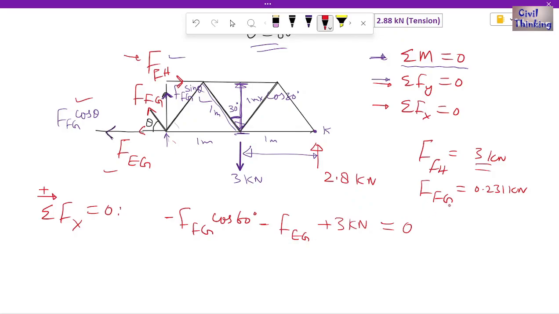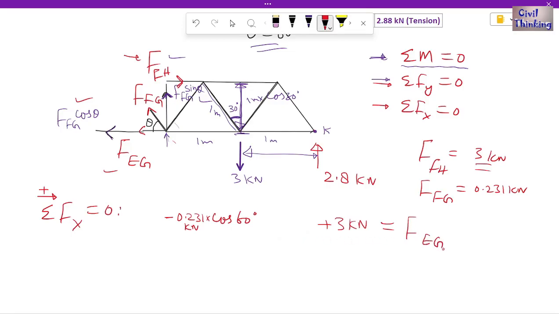Now force in FG is 0.231, right? Let me show you, it was FFG, right? So I put 0.231 here. 0.231 kilonewton multiplied by cosine of 60 minus FEG plus 3 kilonewton. Now when we rearrange this, I will throw FEG to the right, so it is going to be positive, right?